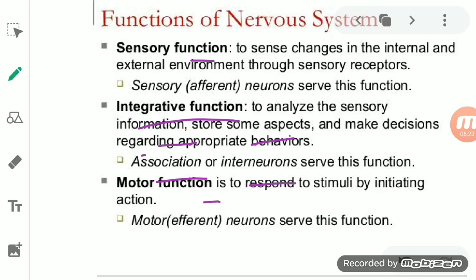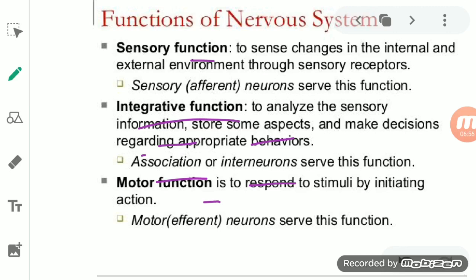So at first our sensory neuron receives a change in the environment. We can say it is a kind of stimuli, because the stimuli are the changes which are occurring in our surroundings. So any change which occurs in the internal or the external environment is received by the sensory neuron, and finally it takes that to the interneuron and the associated neuron.